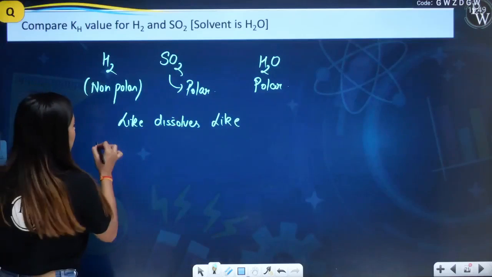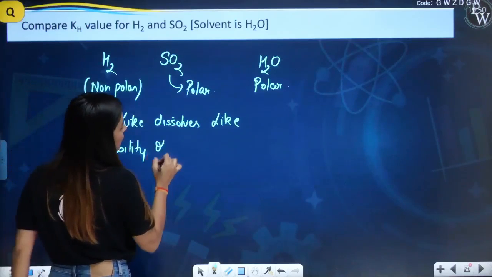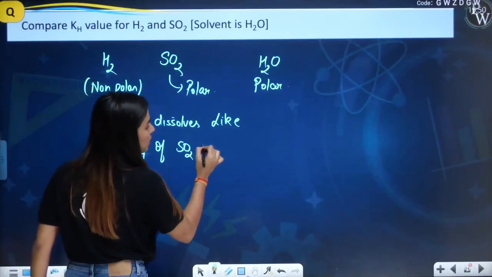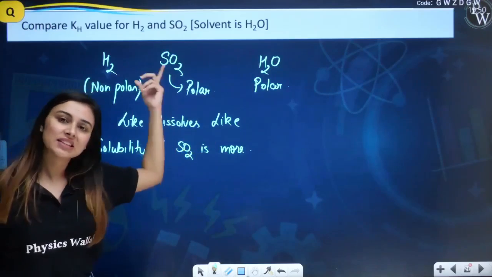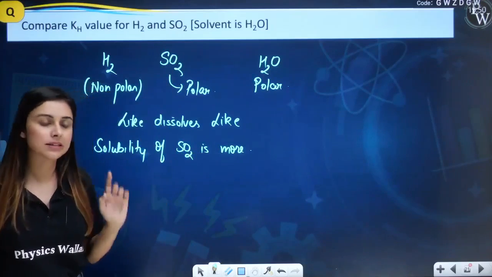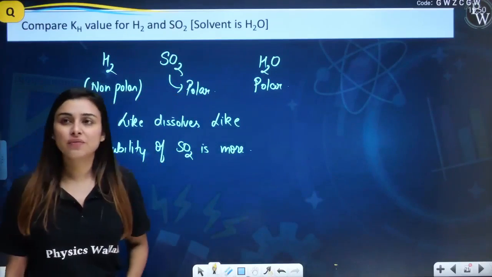So I can say that solubility of SO2 is more as compared to H2 solubility. It says that you have to compare the KH values for both.